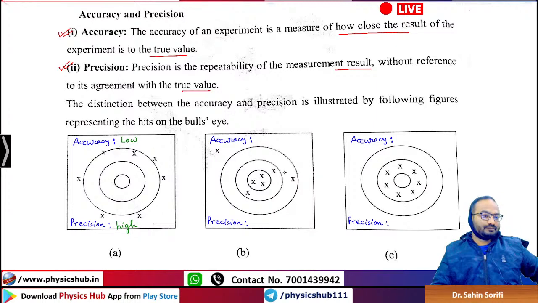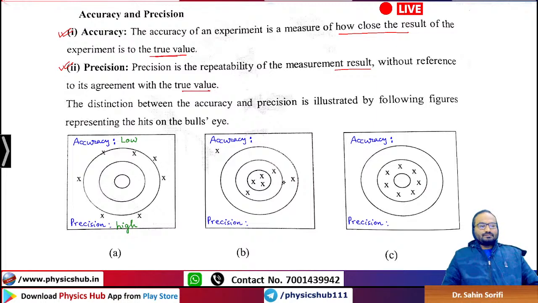Next, high accuracy and low precision. Next, you are going good.